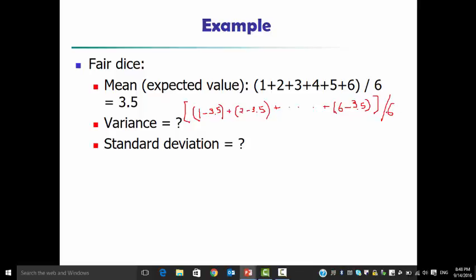Then there is some problem. The problem is that on this left side, you have negative numbers, and on the right-hand side, you have positive numbers. So negative and positive together cancel out. Then it is always close to 0. It doesn't tell us how widely the values are spread, right?